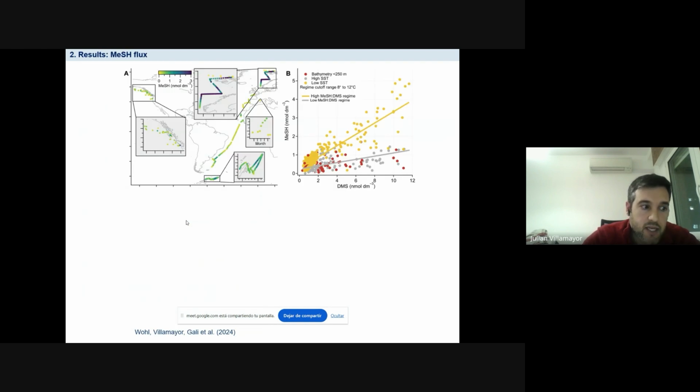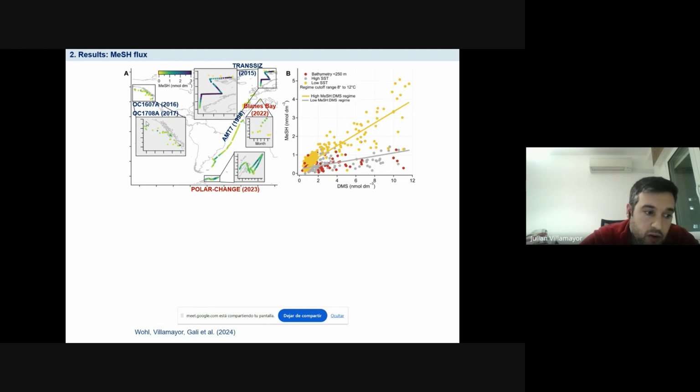Well, to compile the seawater methanethiol concentration, our colleagues from Barcelona used measurements of the few available campaigns that measured concurrently methanethiol and DMS. These are a few campaigns in the Atlantic, in the Nordic Sea, and also in the Northeast Pacific. They were also able to include new measurements in the Southern Ocean and the Mediterranean Sea.